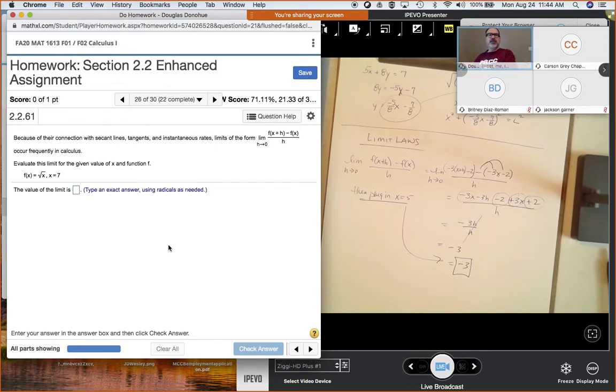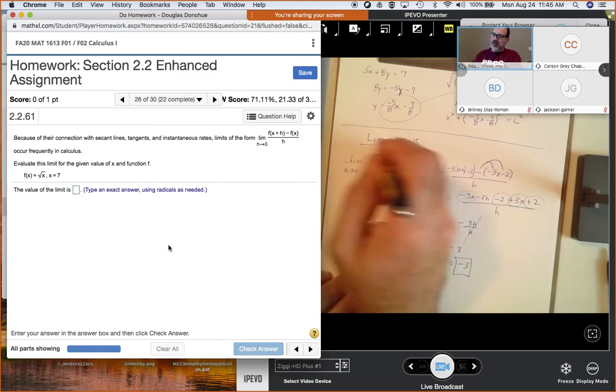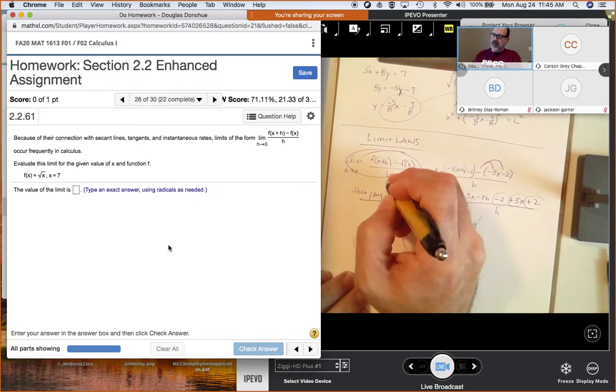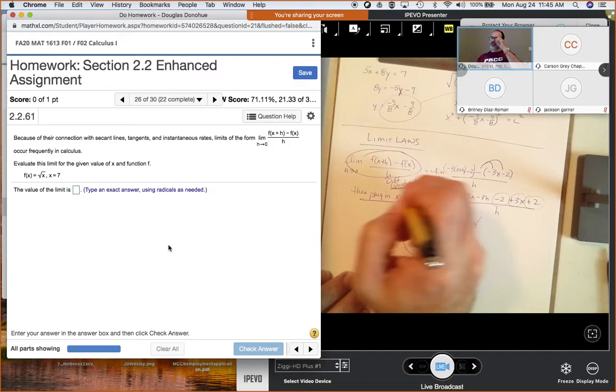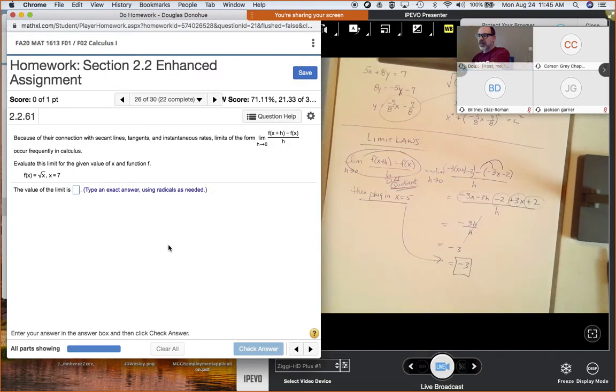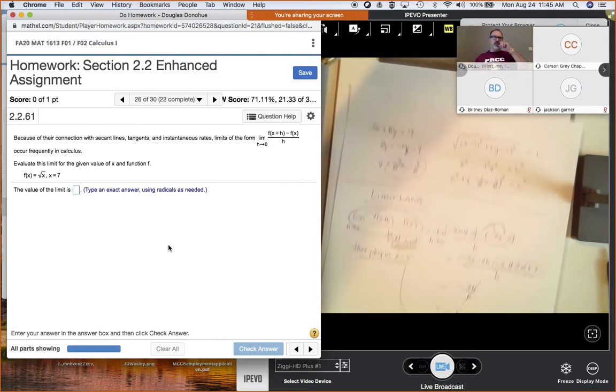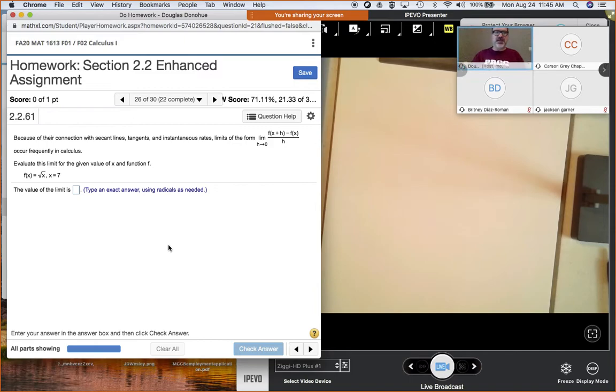Okay, here's another one with, this is called the difference quotient, by the way. You probably heard that. You may have even calculated some difference quotients in Algebra 2. Quotient means division, difference means subtraction, so get subtraction on the top and then division.